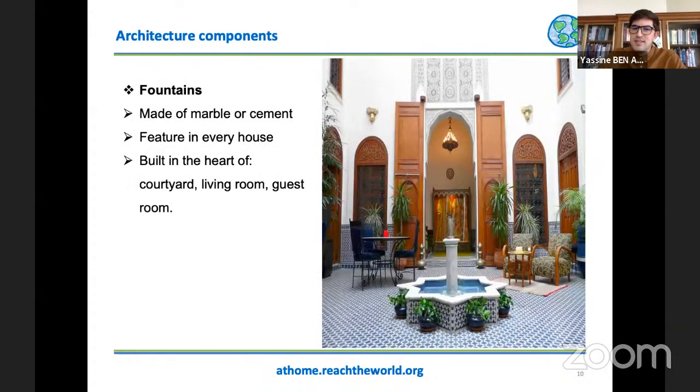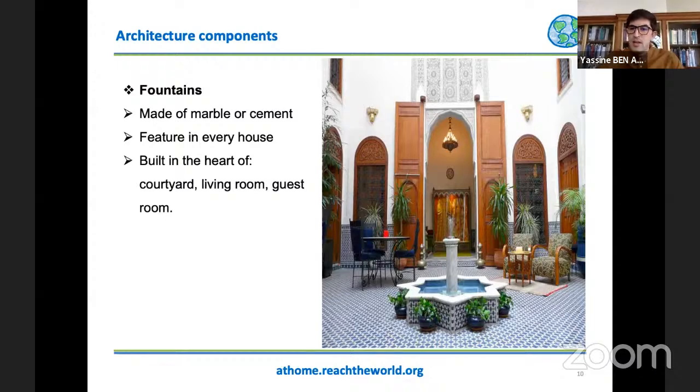Fountains, you can find them in gardens, in riads. Also, you can find them in mosques. They are made of marble or cement, and they are featured in every house. People build them in the heart of courtyards, living rooms, or guest rooms. It depends. You will find these fountains in riads or big houses.